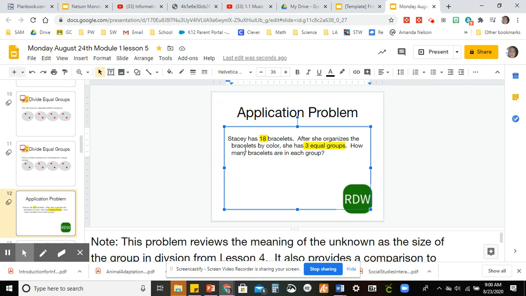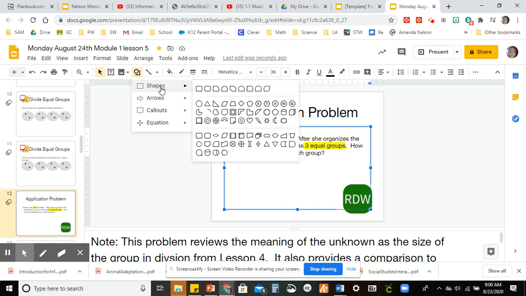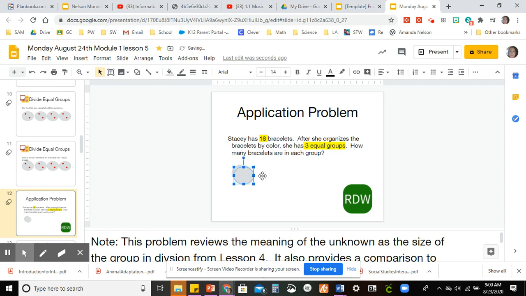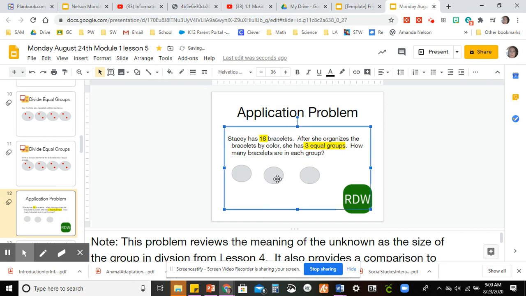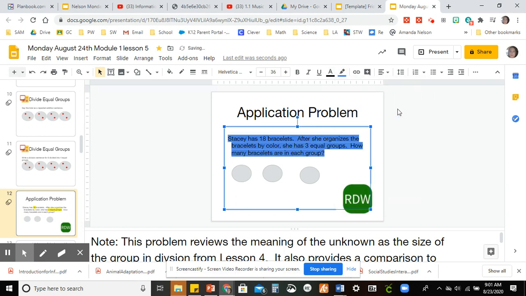If I make 3 groups, 1, 2, 3. How many would I put in each group? One of the ways to figure this out is I'm going to take 18 and just divide it up by 3.